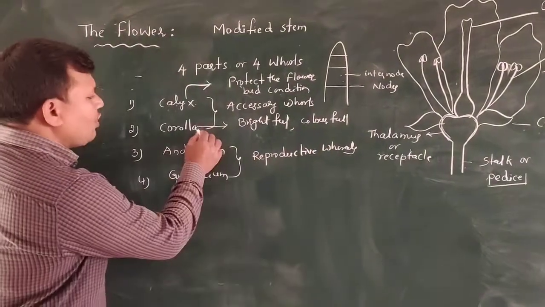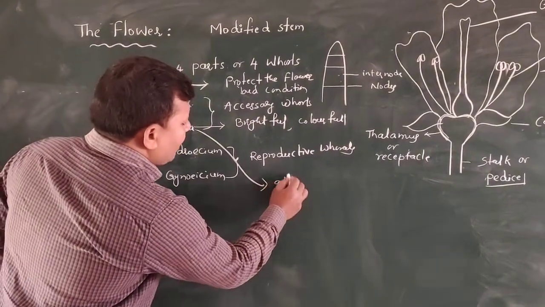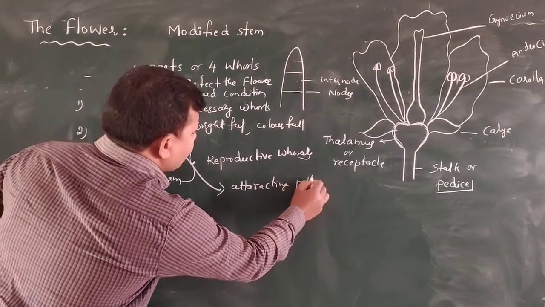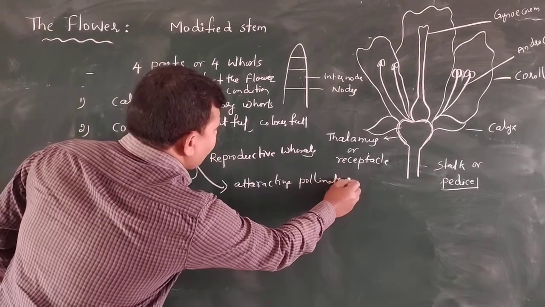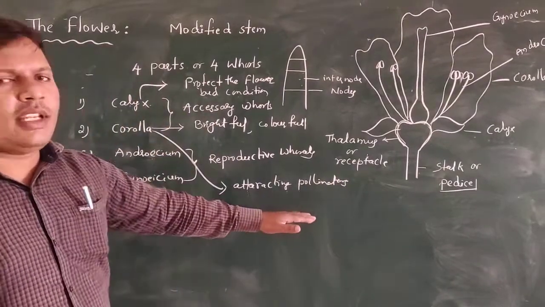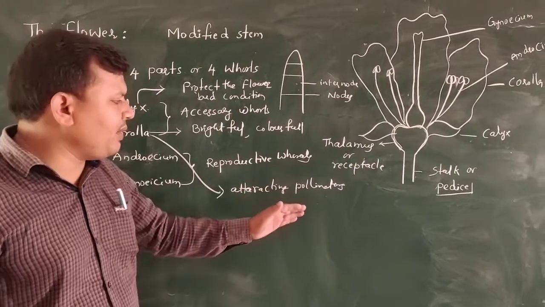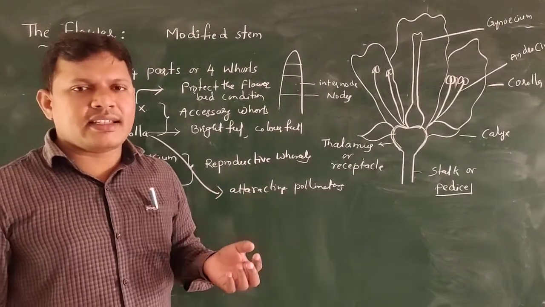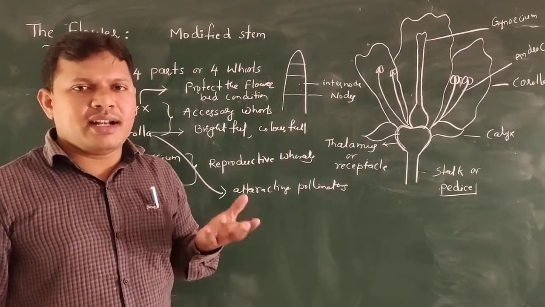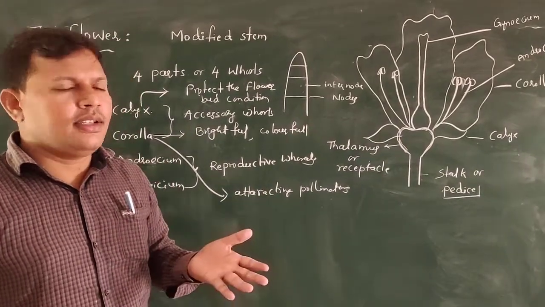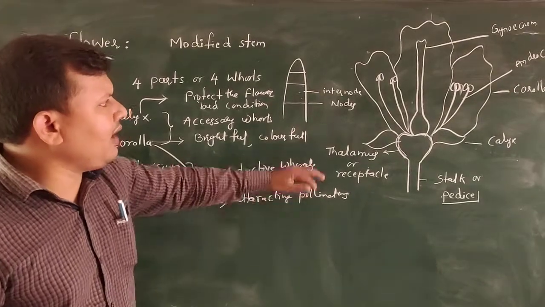Pollinators are the agents that affect the pollination process. For example, the pollinators may be insects, birds, or any other animals. All these are attracted.